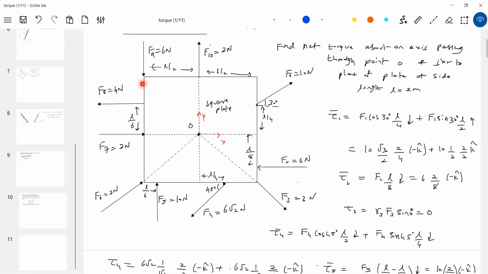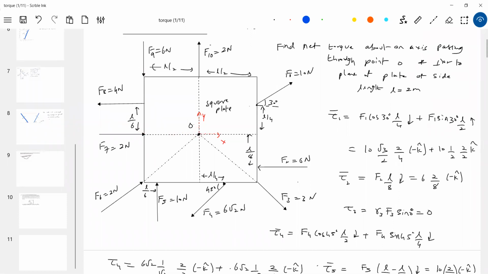Yes, you can do it, but you can make it very simple. Just produce this F9 like this here. I'm not saying bring the force, just the line of action of the force will be like this. This will become R perpendicular, no? Then the angle between them will be 90 degrees. The angle between R perpendicular and F9 will be 90, not the angle between R9 and F9. R9 and F9 will not be 90 degrees; it will be more than 90.